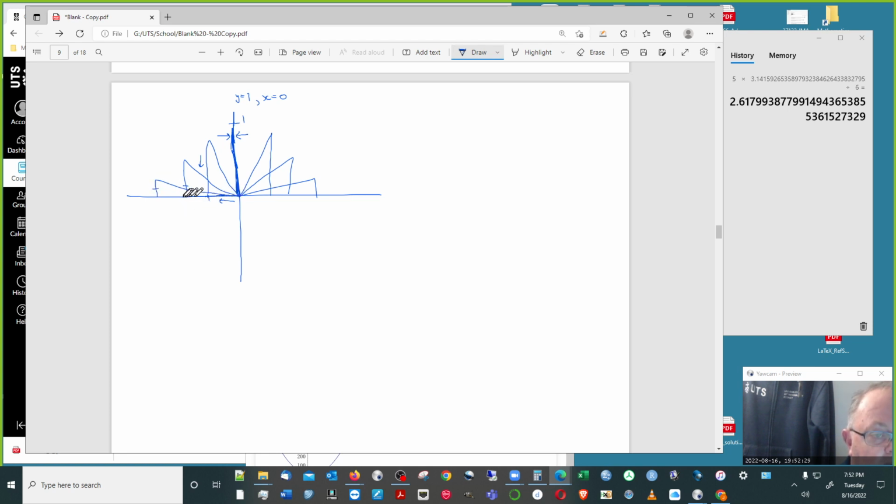What happens here? Y goes to 0. And guess where that is? And x is negative 1. It just works. And the diminishing triangles, what happens here?